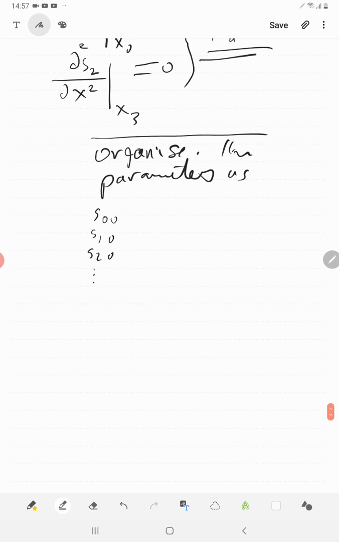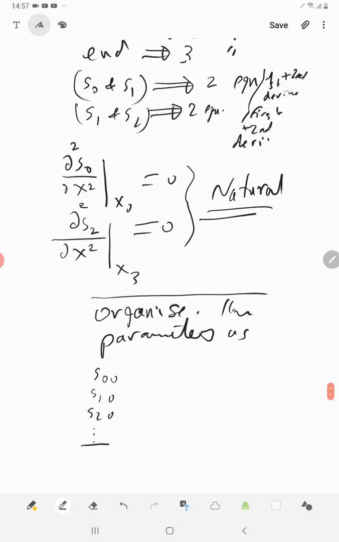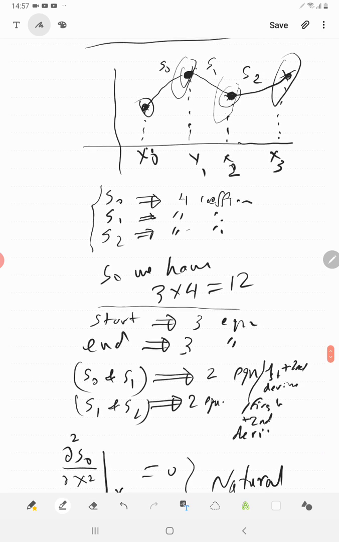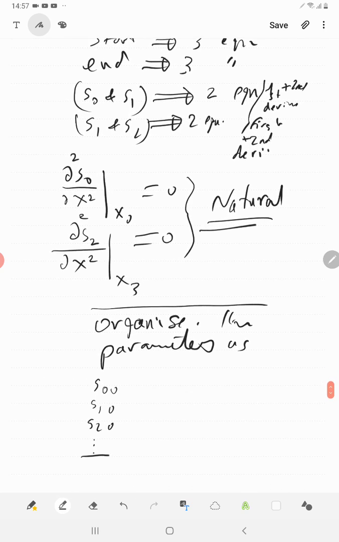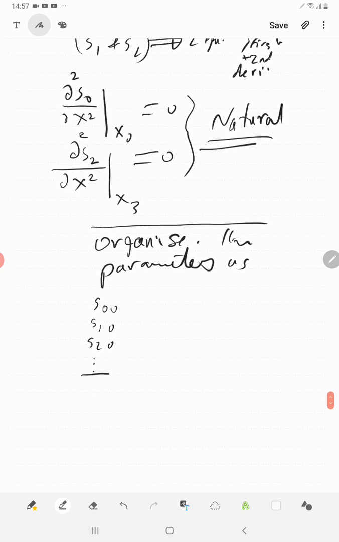This will give you the number of segments. In this example we had 3 segments, S0, S1, S2. It depends on the segment. And then you start with S0,1, S1,1, S2,1.